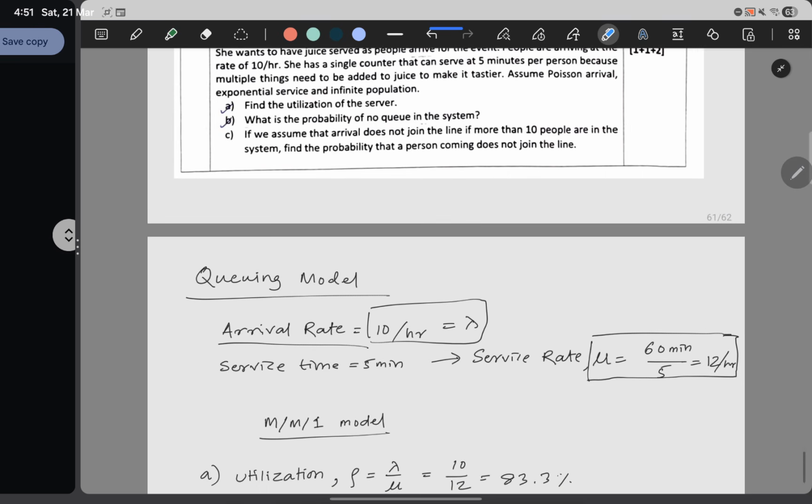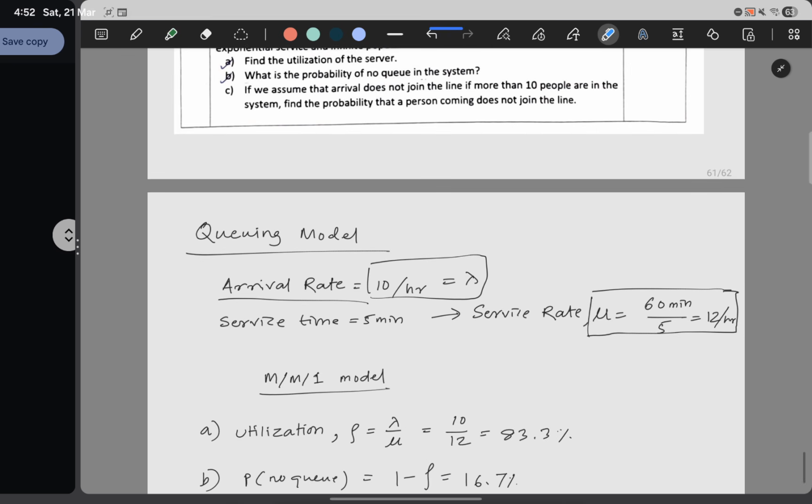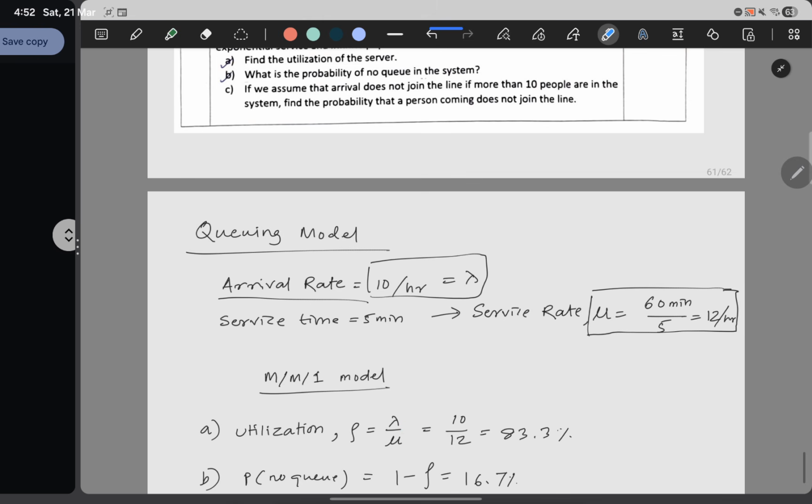Then the next question is, what is the utilization of the server? Your utilization is nothing but your arrival rate by service rate. We usually keep the service rate high, because that's how we design our system. So utilization, rho, equals lambda by mu.